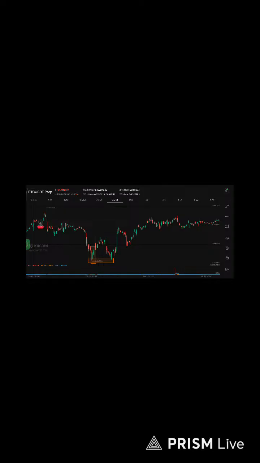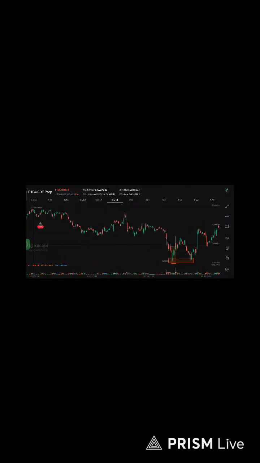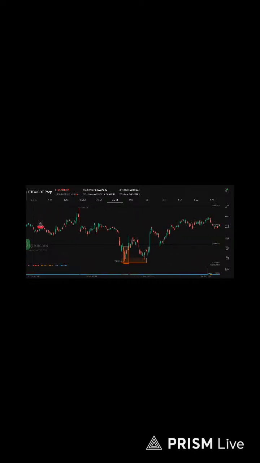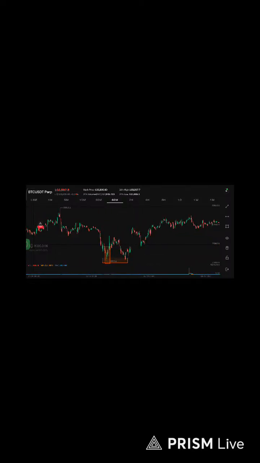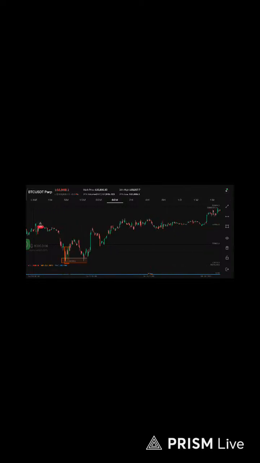You just have to know where to implement it and how to use it if you combine it with another strategy. And remember that these two patterns normally occur at a support or resistance zone. As you can see, this one occurred at the resistance zone.